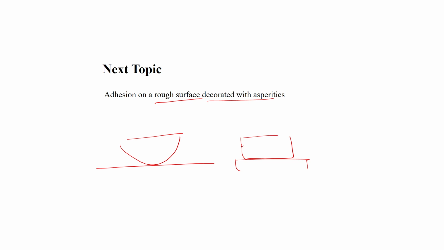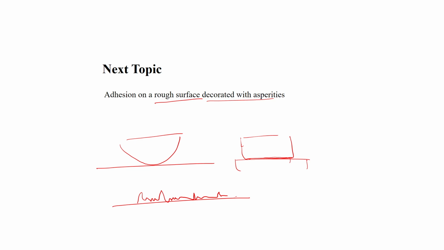So, what it means is that if I think that this is the contact radius or contact area, then this is optically smooth. So, it is actually the contact area, but most cases it is not, because the surface is decorated with asperities.